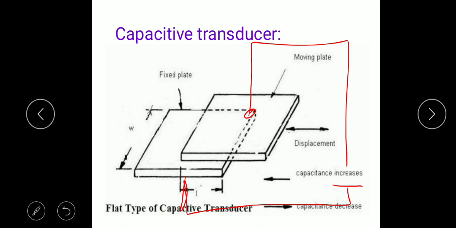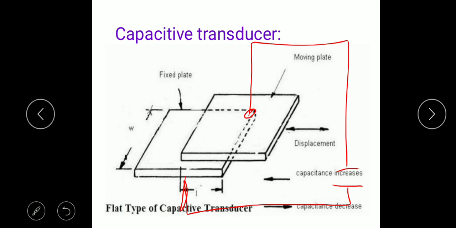What does the principle say about the capacitive transducer? The capacitive transducer is based on variable capacitance. Whenever the distance changes, the capacitance changes, and on that basis we can measure the displacement of the object.